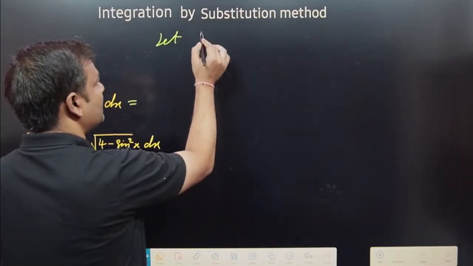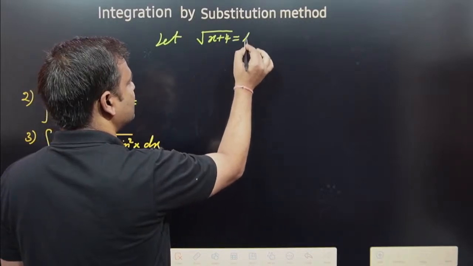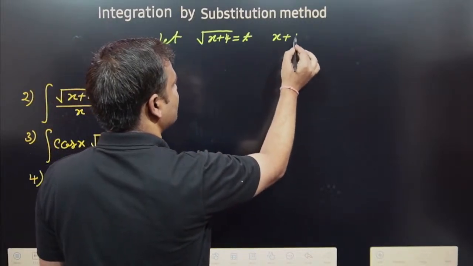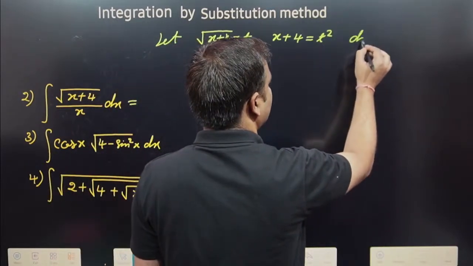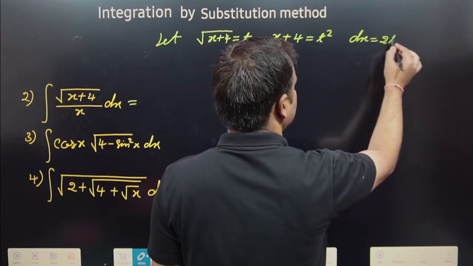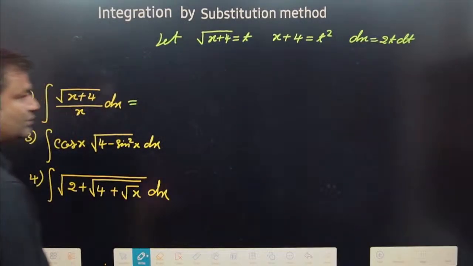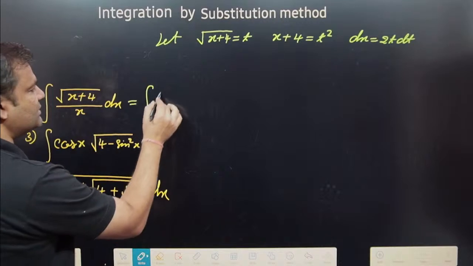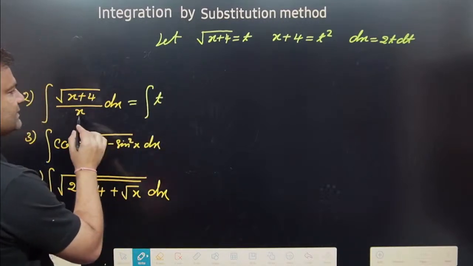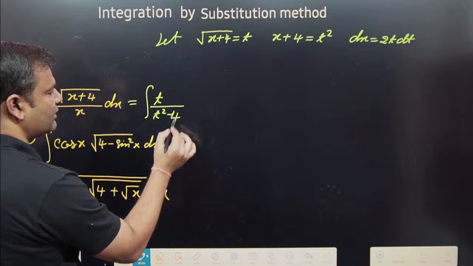Let root x plus 4 be equal to t. So x plus 4 is equal to t square. If we differentiate both sides, we get dx equal to 2t dt. So dx is replaced by 2t dt. Now root x plus 4 is t, and x is replaced by t square minus 4, into dt.